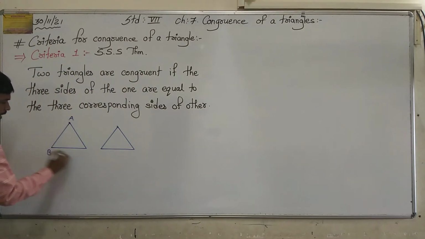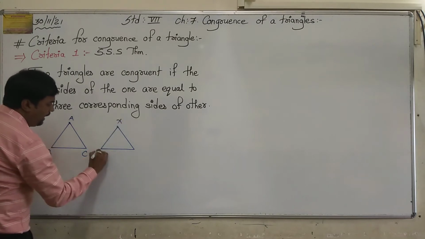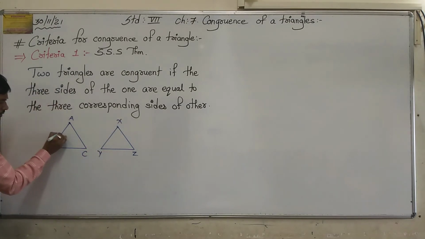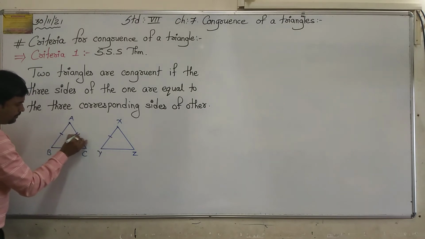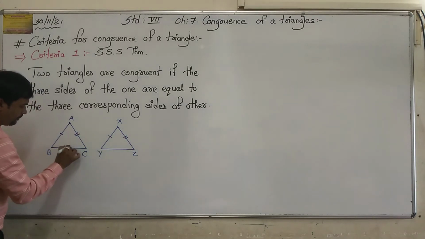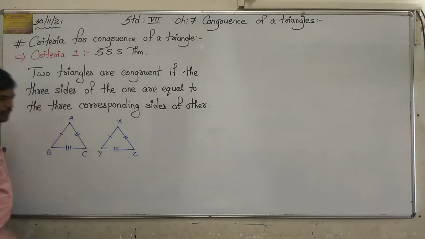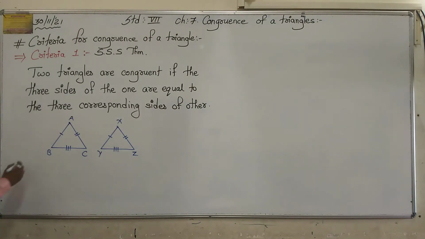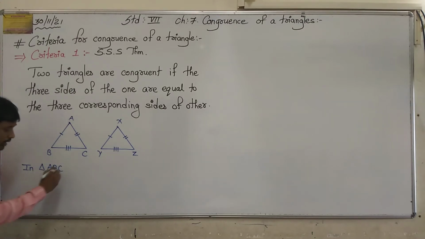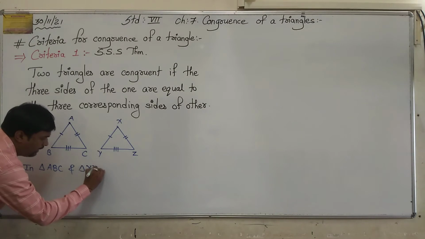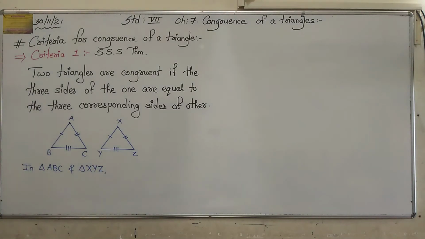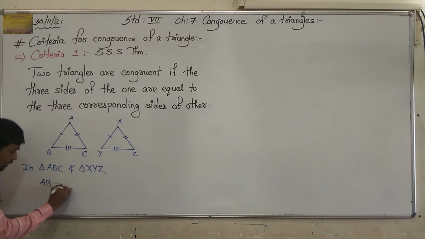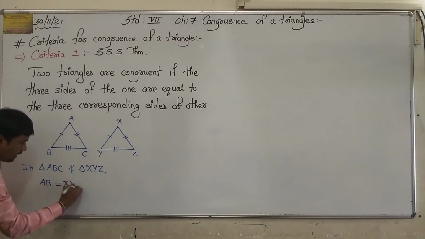Triangle A, B, C, triangle X, Y, Z. Now here, in triangle A, B, C and triangle X, Y, Z, we can say that AB is equal to XY.